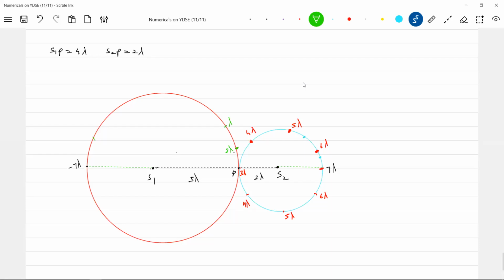So I'll come from this side also: minus 6 lambda, minus 5 lambda, minus 4 lambda. I think 0 should come. There can be a point where the path covered by both will be 0, so it can be on this side also. 2 lambda, 0.